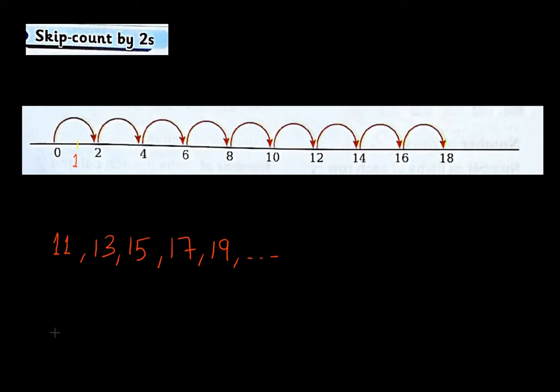If I start from 12 and count in 2s, I say 12, 14, 16, 18, and so on. I whisper the numbers in between, but I don't say them loudly. Okay, this is skip count by 2.